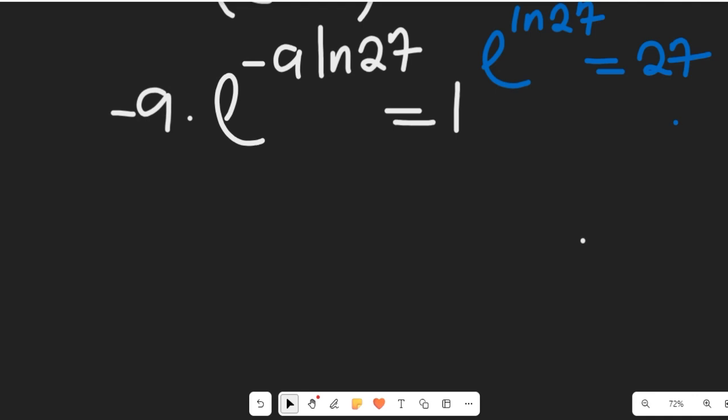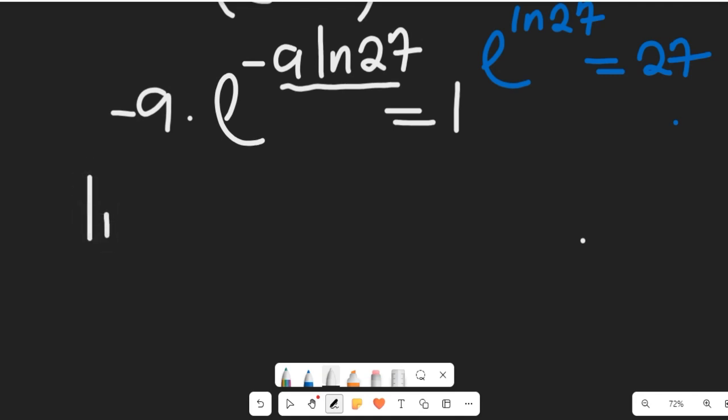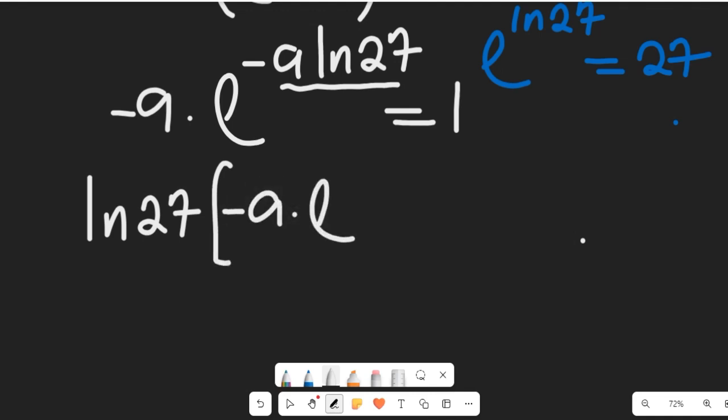If I multiply both sides by the ln of 27, I can get something similar to the power of this, right? So let me multiply both sides by the ln of 27. That will give me the ln of 27 multiplying all of these, negative a multiplying the exponent of negative a ln of 27, right?